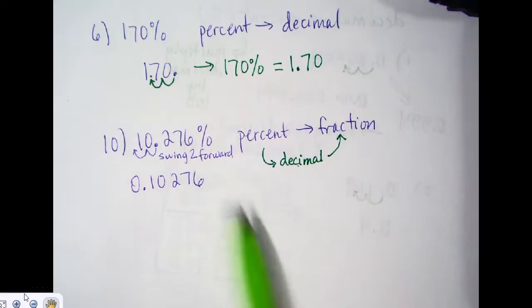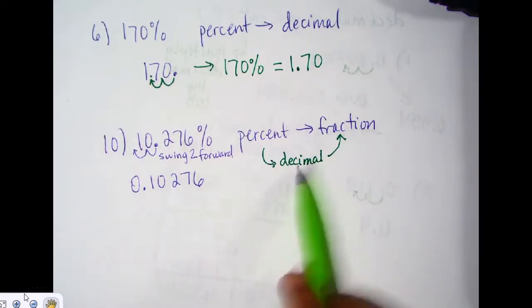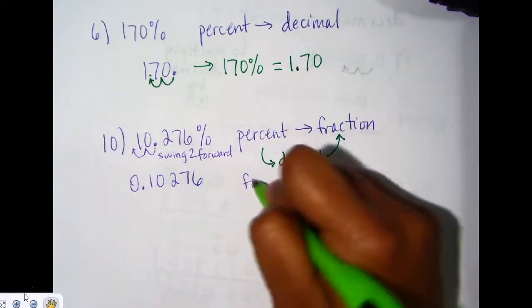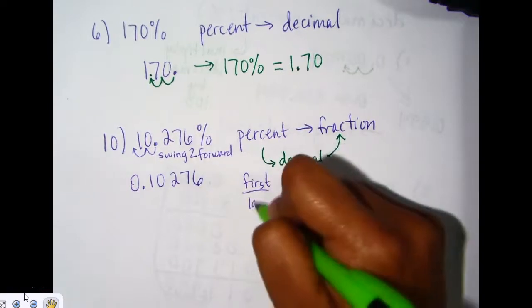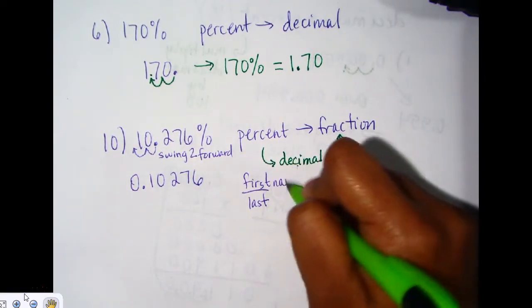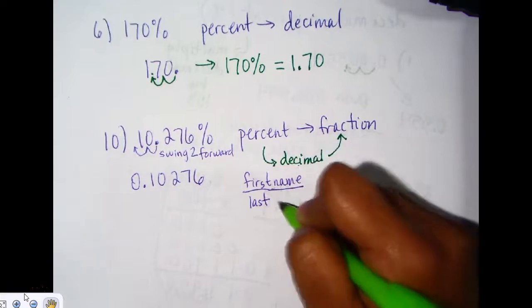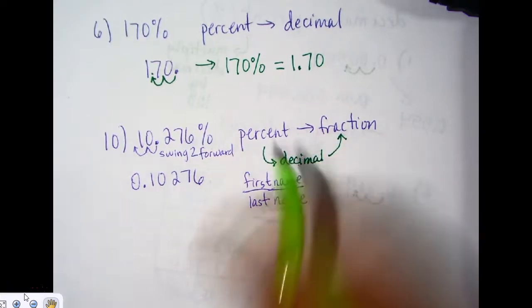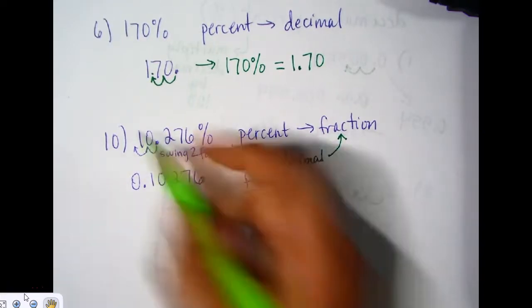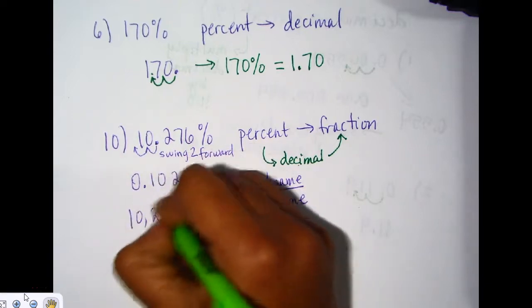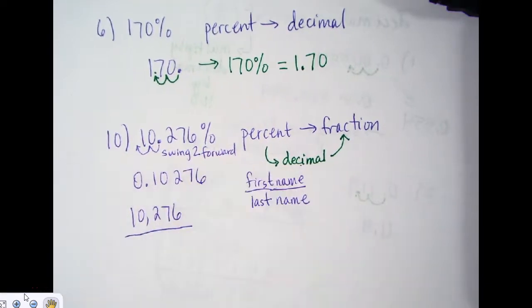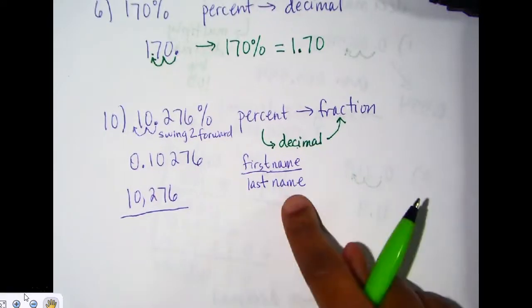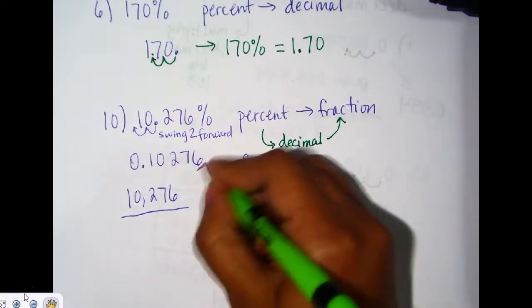All right, to go from a decimal to a fraction, we do the first name over last name. So remember, the first name is you write the number that you see. So the number that jumps out at you should be that 10,276 over. And then the last name is to do the last place of this number here.